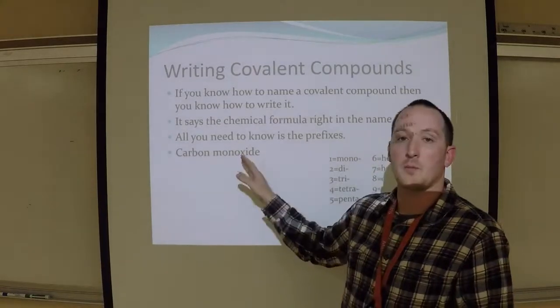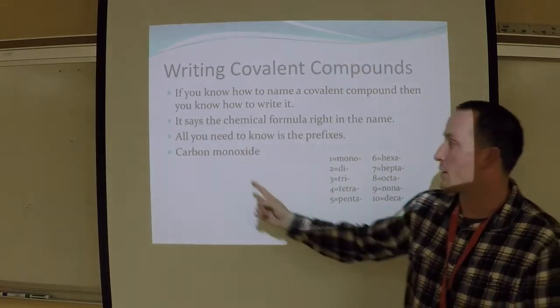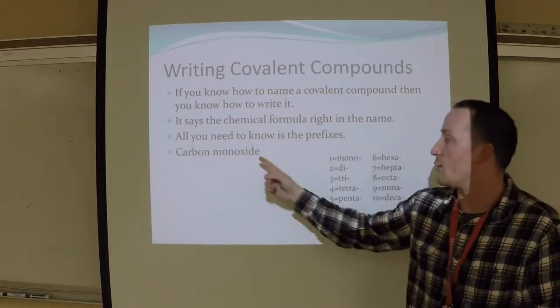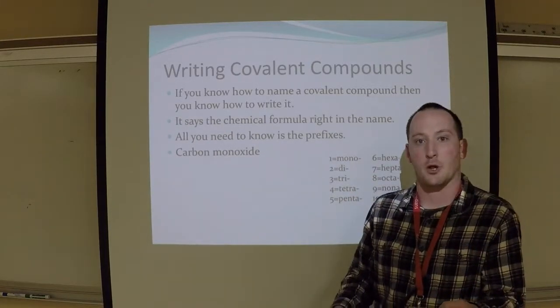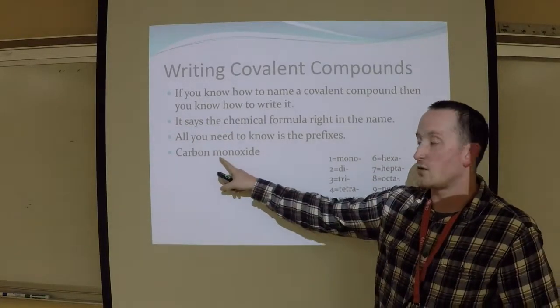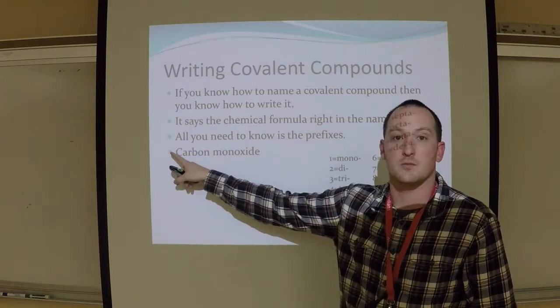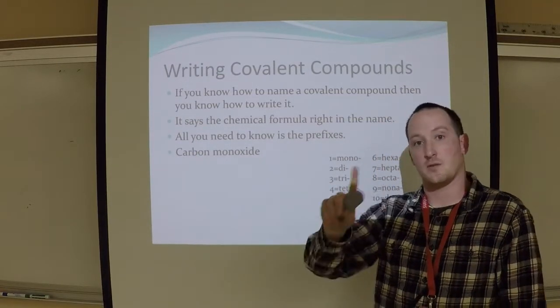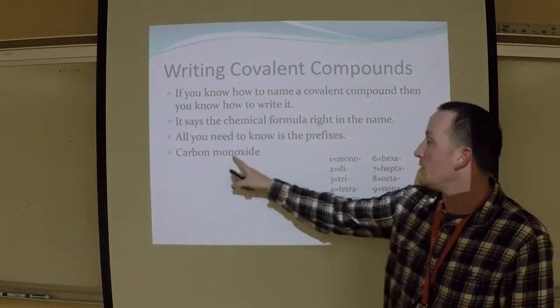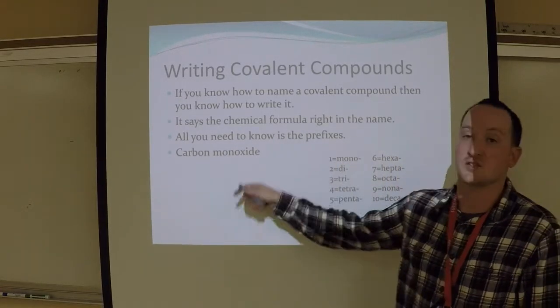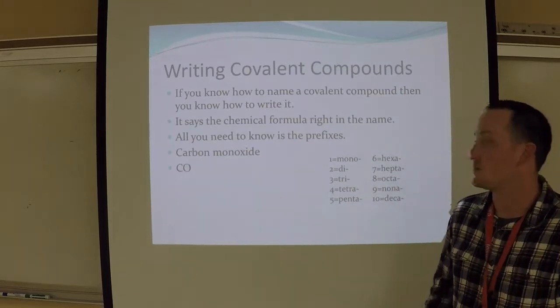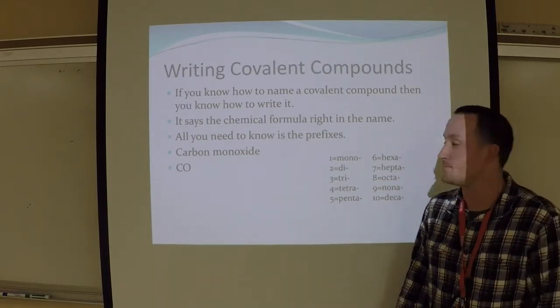If we have carbon monoxide, I know that carbon is used, and I know that oxygen is used. So I'd write capital C and capital O. There's no prefix on carbon, which means there's one of them. Then on the second one, we've got monoxide, so there's only one oxygen. The formula for carbon monoxide is just CO, capital C, capital O.